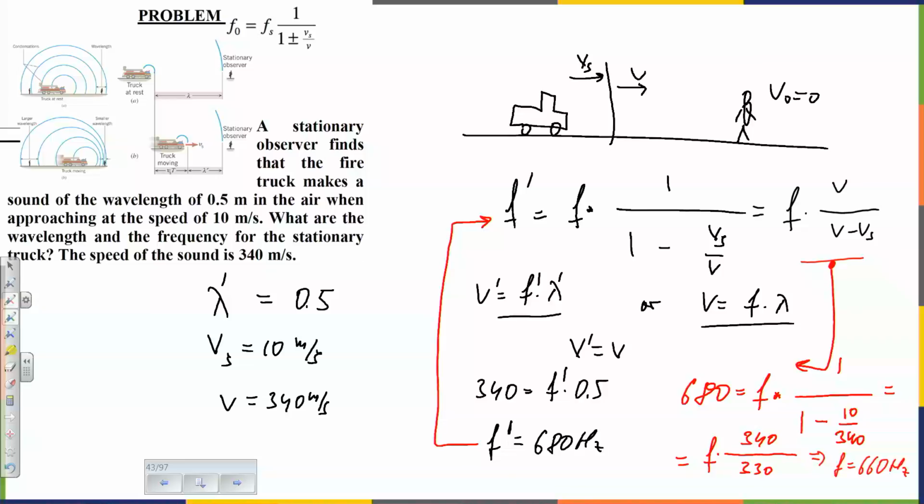And finally, I can use this new number here to get the wavelength for a stationary situation.